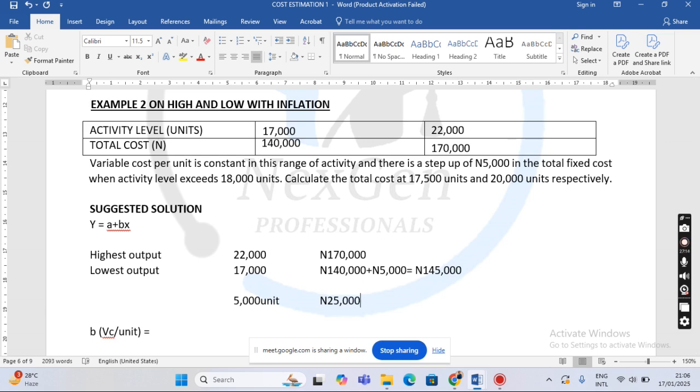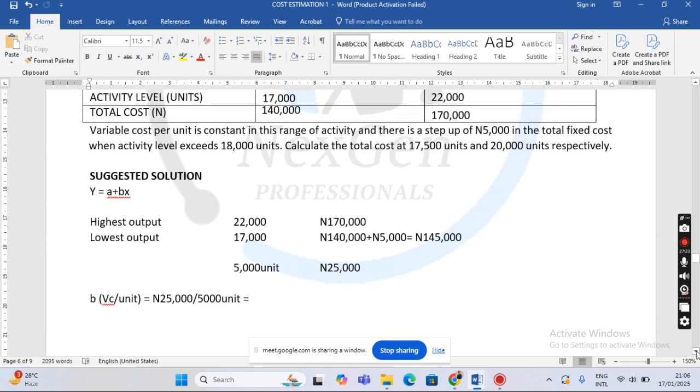So your variable cost per unit will be 25,000 divided by 5,000 units. What do we have?